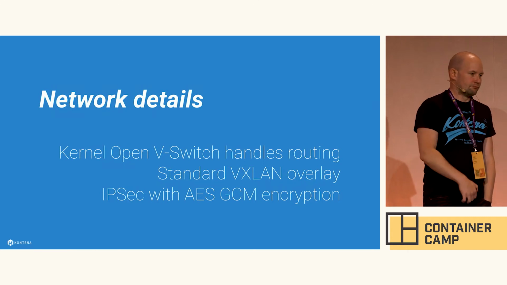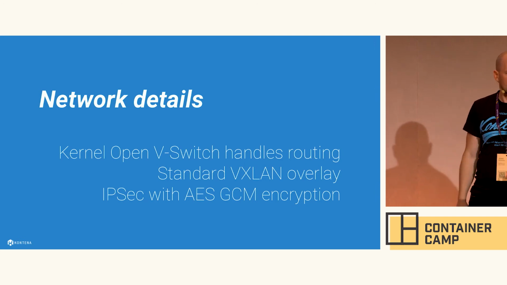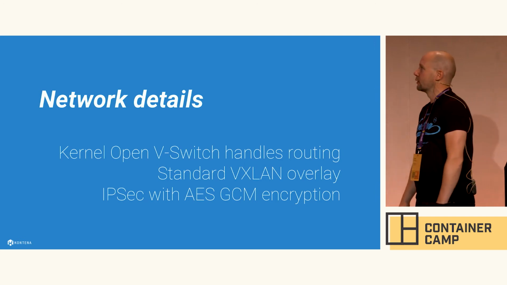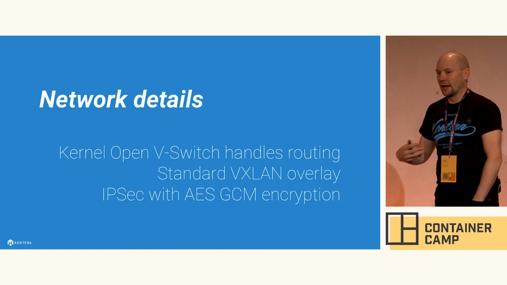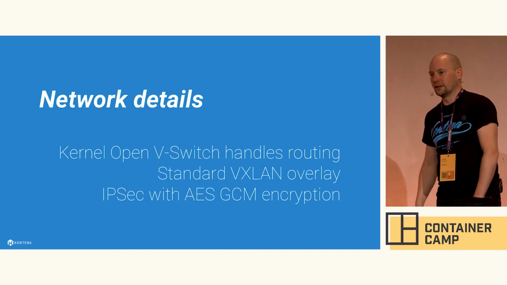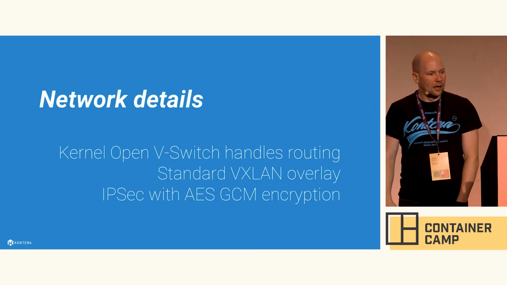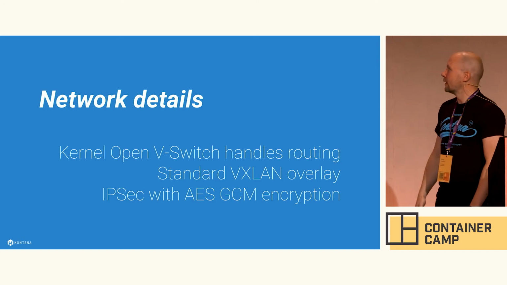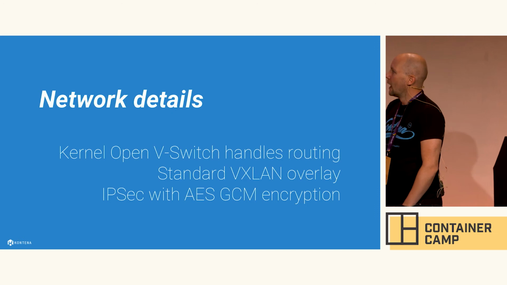How it works beneath the surface is that, at least with Weave, it utilizes kernel-level vSwitch features that handle the packet routing. So it's done on the kernel level, so it's pretty fast. It uses standard VXLAN headers to make the overlay network work.